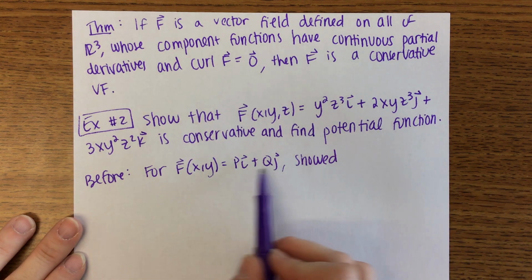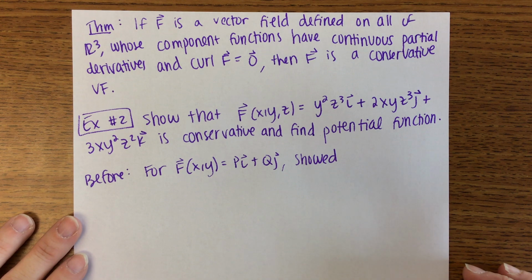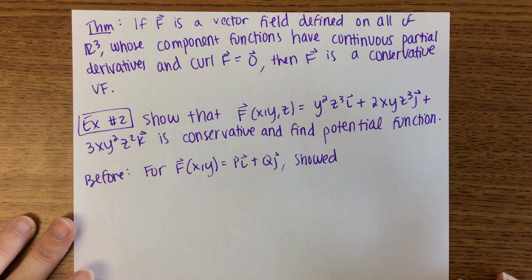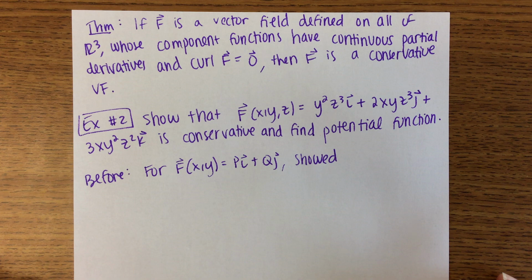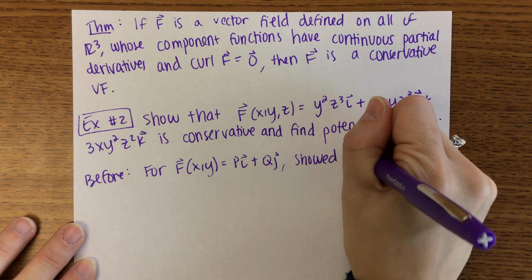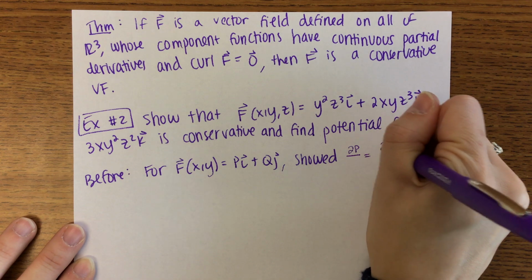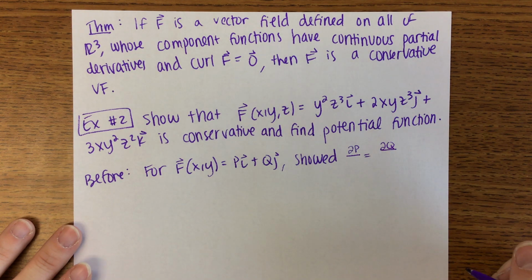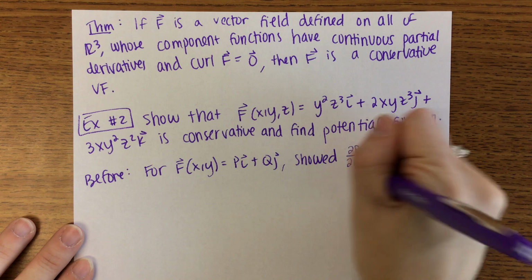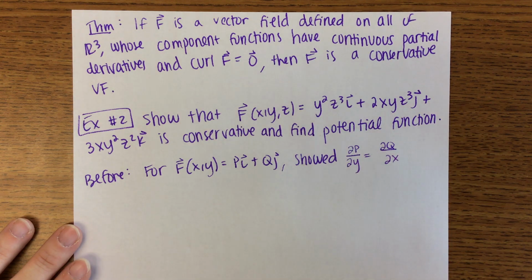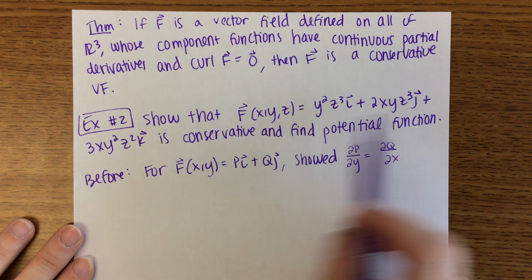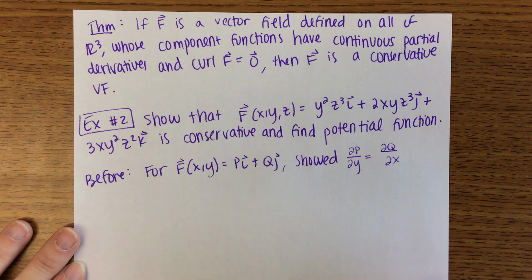How did we show in 2 space that this vector field was conservative? Okay, partial of P we did with respect to what? And partial of Q we did with respect to what? Okay, remember that? That applies in 2 space. This is in 3 space. That's not going to work.